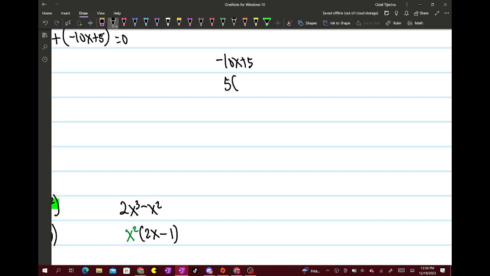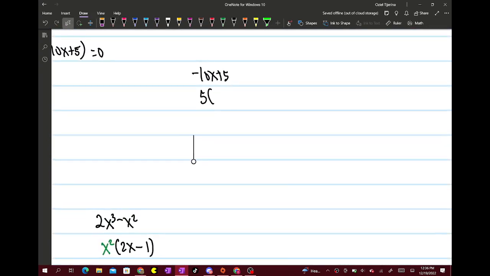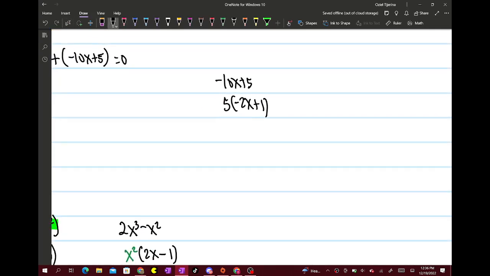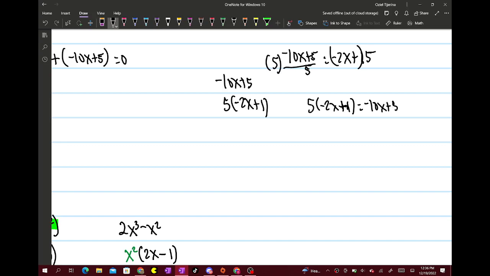So 5 times, and then we have negative 2x plus 1, right? So that is because if we divide by 5, it would give us negative 2x plus 1, but when you multiply it back in, 5 times negative 2x plus 1 equals negative 10x plus 5.